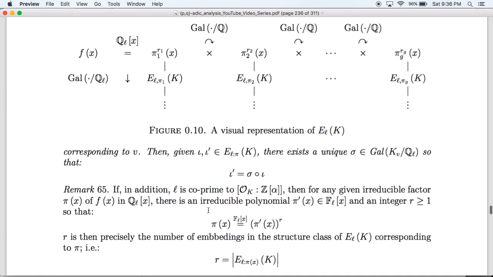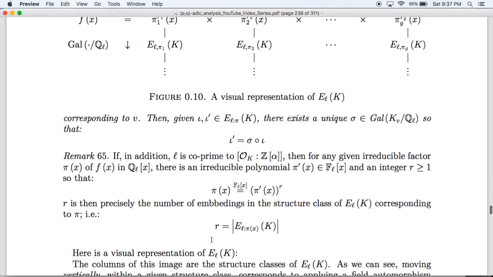Also, just as a useful fact, if in addition L is co-prime to the index of Z[alpha] in OK, then for any irreducible factor pi(x) of f(x) in QL[x], when we go from QL[x] to FL[x] by projecting mod L, pi(x) will ramify as pi prime(x), an irreducible polynomial in FL[x], to some integer power r, and r is then going to be precisely the number of elements in the structure class of ELK corresponding to pi.